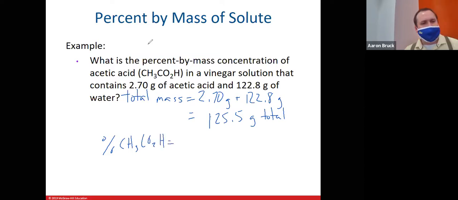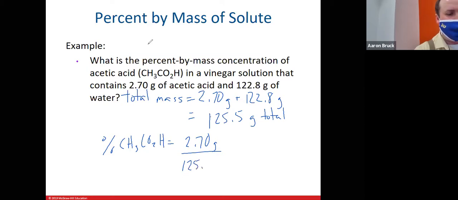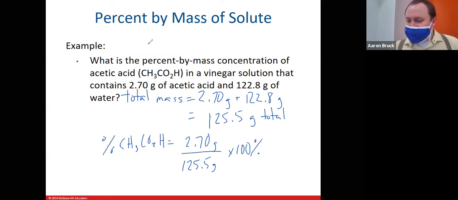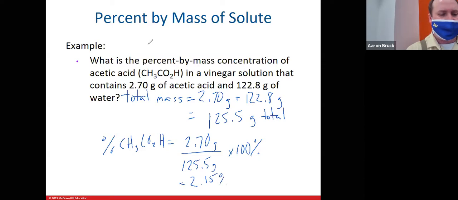To find the percent by mass, I need to take the mass of the acetic acid, 2.70 grams, divide by the mass of the vinegar solution in total, 125.5 grams, multiplied by 100%. 2.70 divided by 125.5 times 100% to three significant figures would be 2.15%.